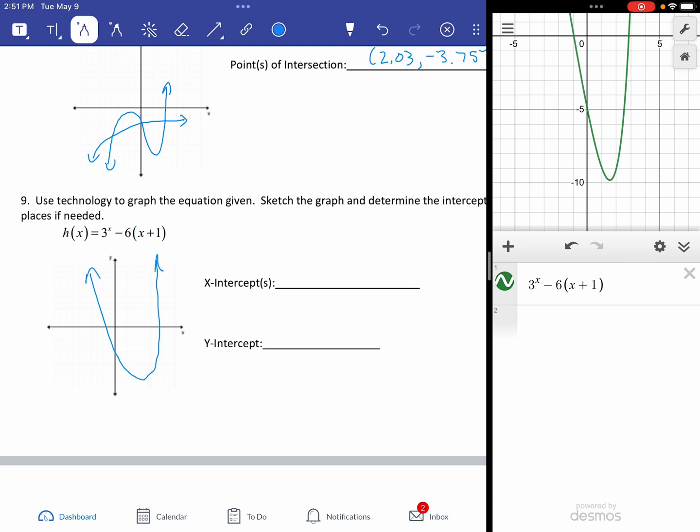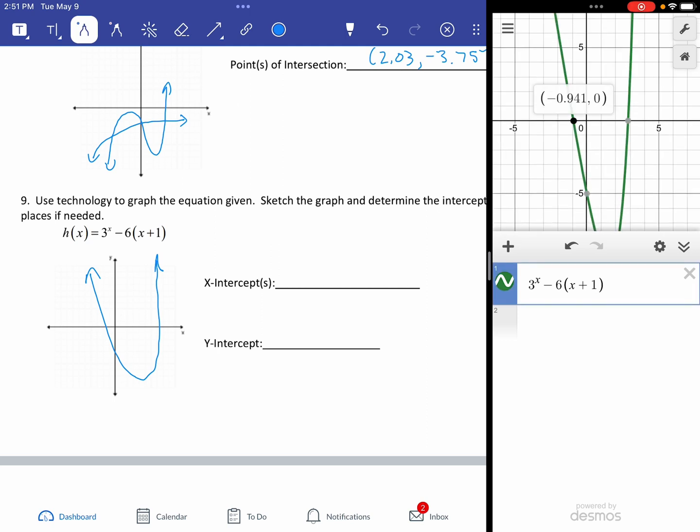I want to find the x-intercept. There's 2 of them. There's negative 0.941, comma 0. And there is 2.86, comma 0. And then there's one y-intercept right there. 0, comma negative 5. And that's graphing it.